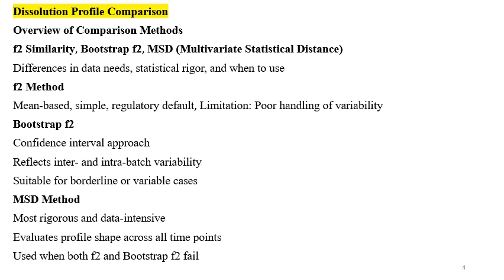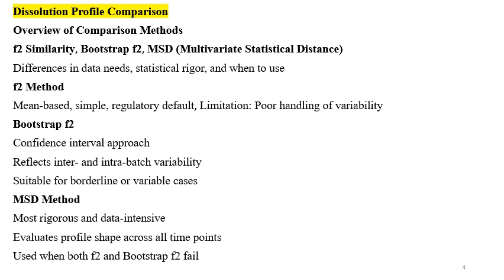It is comparatively simple compared to other methods. It is a regulatory default method, but it has a limitation of poor handling of variability. If there is much variability, and as this method is mean based, it becomes a limitation.